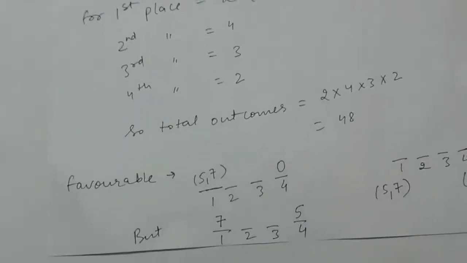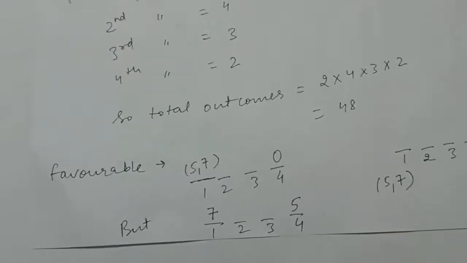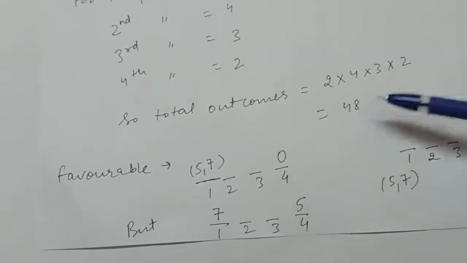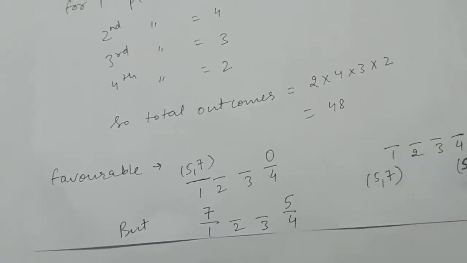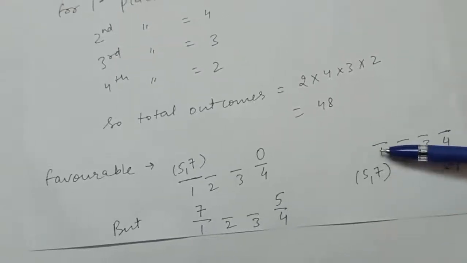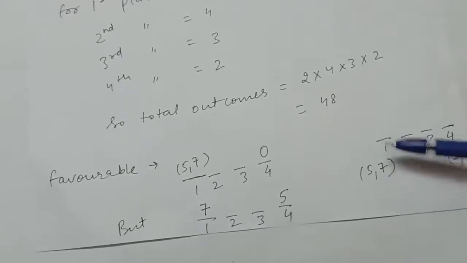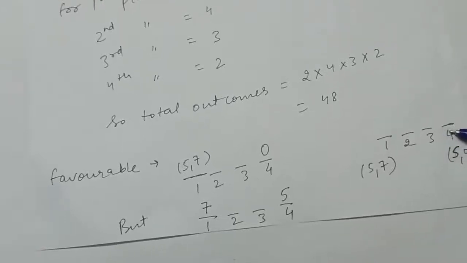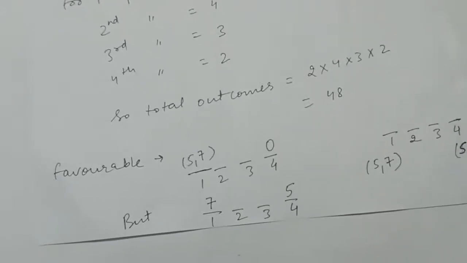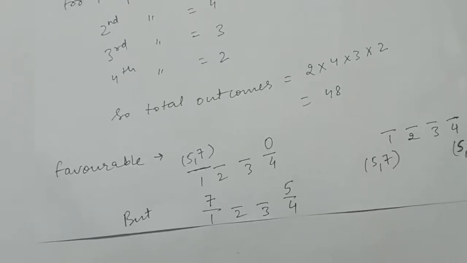Now calculate the favorable outcomes. For the favorable outcomes, we have to see out of these 48 cases, how many of those are divisible by 5 also. Now see, for the first place, we have two options, either 5 or 7, so that the number is greater than 5000. And for the fourth place, so that the number is divisible by 5, we have two options, 5 or 0.